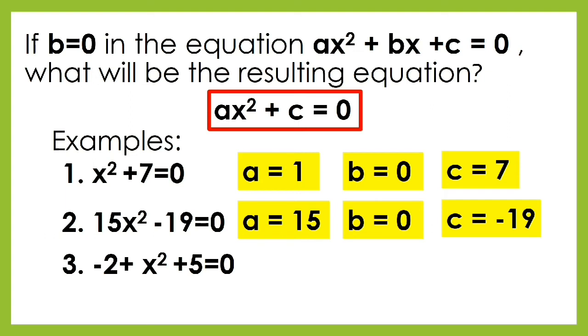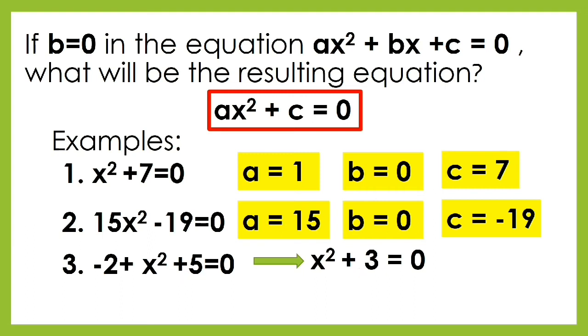3, negative 2 plus x squared plus 5 equals 0. This is not written in standard form, so we will write this in standard form. We copy x squared and then we add negative 2 and 5, which is 3.